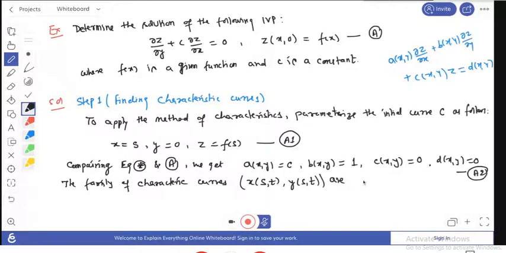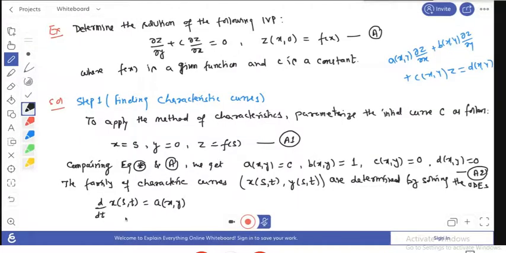These are determined by solving the ordinary differential equations, which you have already found in the notes. You can take d by dt of x of s, t, which equals the coefficient a of x, y.